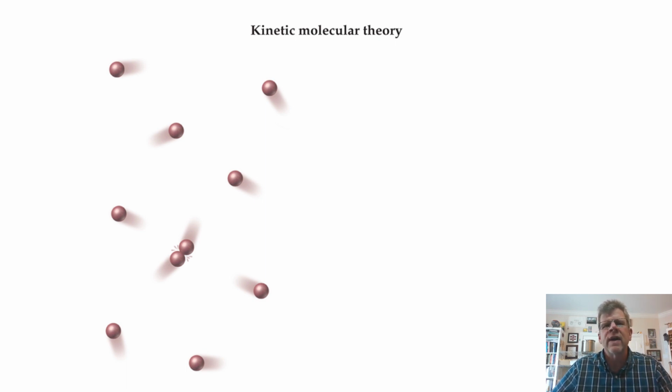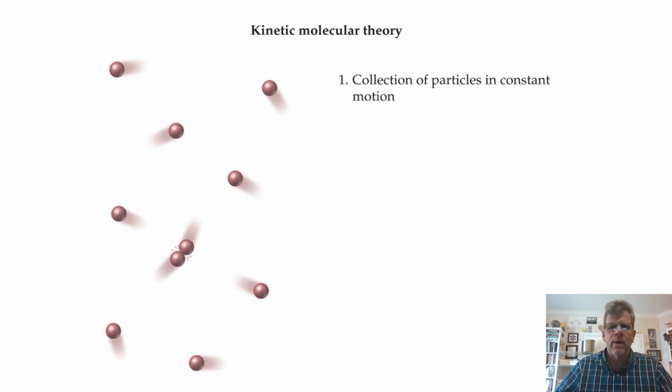And as such, gases can be described by what is known as kinetic molecular theory, which has four basic tenets. The first is that it's a collection of particles in constant motion. You can see in the picture on the left, the little zip lines behind those little spheres are meant to show the particles of the gas, and they are always moving.